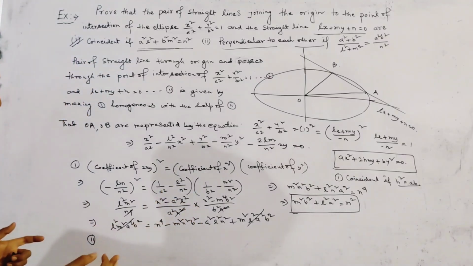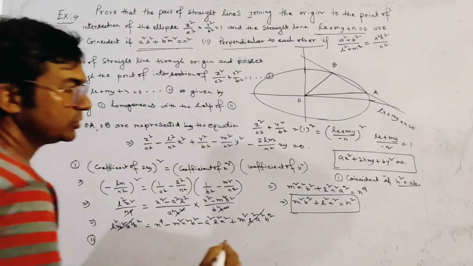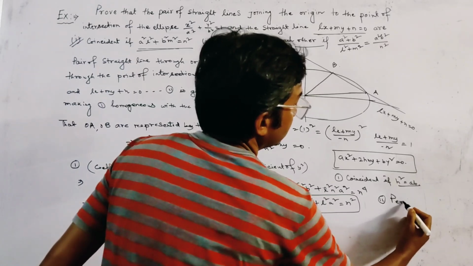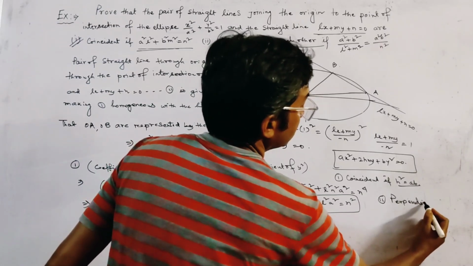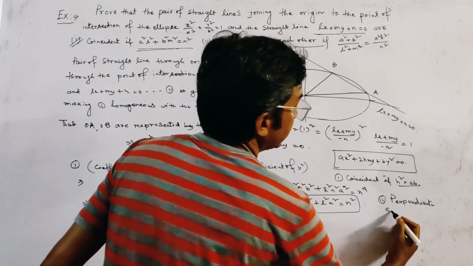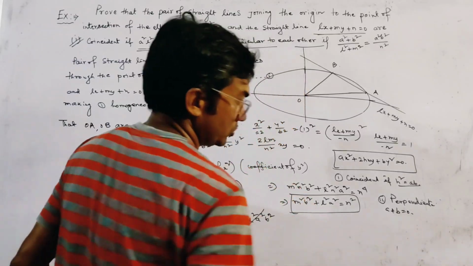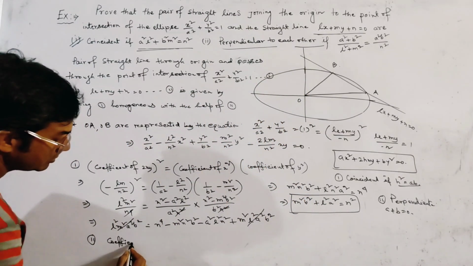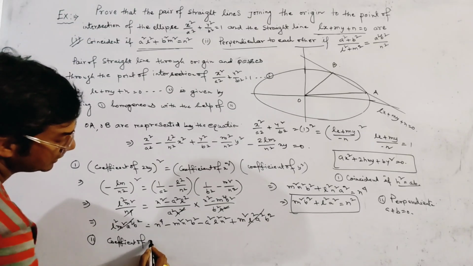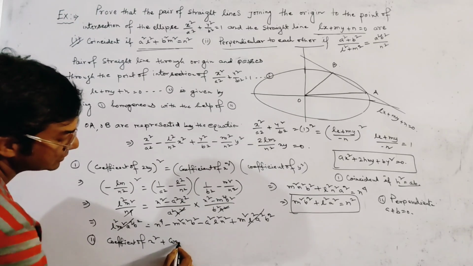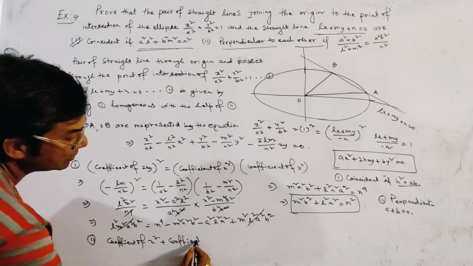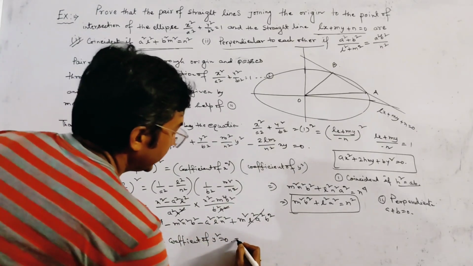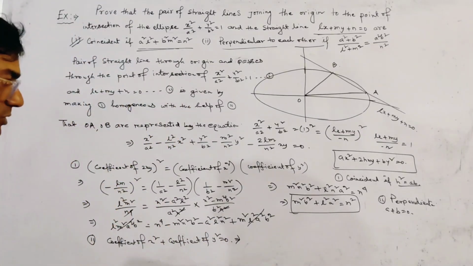Lines are perpendicular if, we know, the condition for perpendicular is a plus b equal to 0, that is coefficient of x square plus coefficient of y square equal to 0. What is the coefficient of x square?